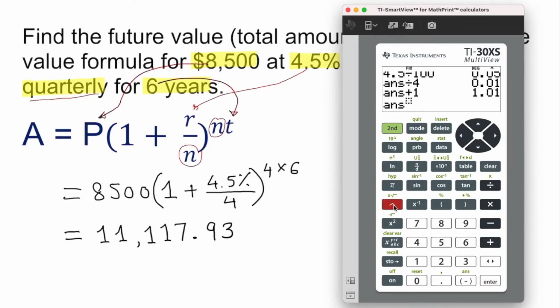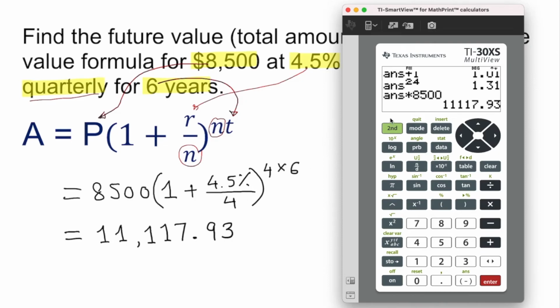If you don't have this power button, you can use the parentheses here, otherwise it's going to be a syntax error. Or you can just type it: 4 times 6 is 24. That's much easier actually, 24, and enter, times 8,500, enter.